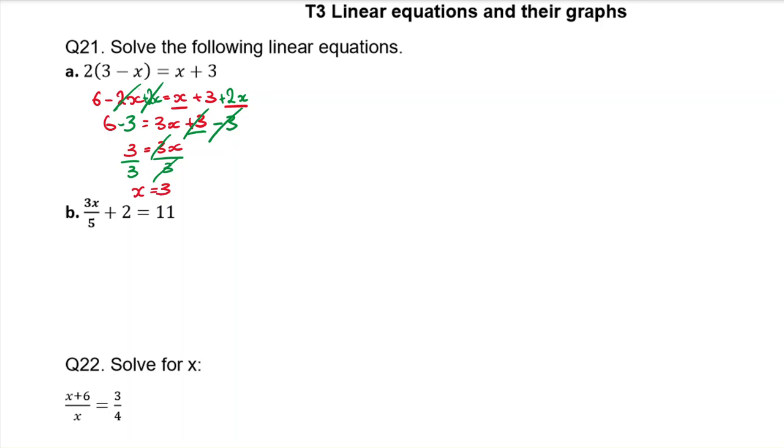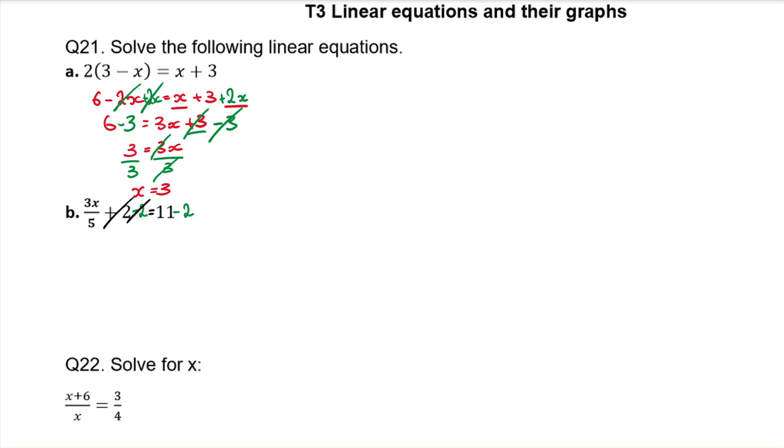Alright, for part B, what you want to do is you want to solve for x again. So I'm going to move all the constants to the right, and I'll keep the variable, so the x one, to the left. So I'm going to subtract 2 first on both sides, so I can remove this 2 here. That 2 is gone with that.